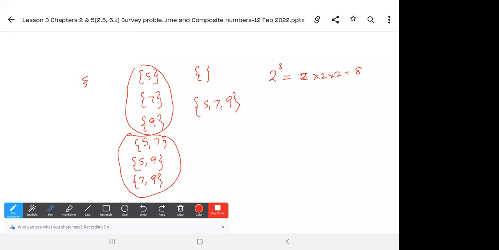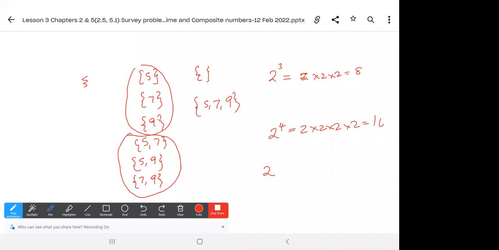So it tells you could have 8 subsets. All right. So if I had a set with 4 members, 2 to the power of 4, 2 times 2 times 2 times 2 equals 16. I could get 16 subsets. And the last question, number 18, they ask you to calculate the number of proper subsets for a set with 5 elements.